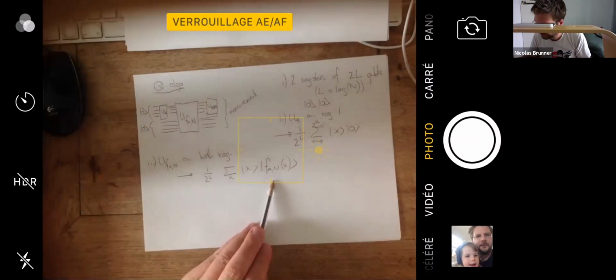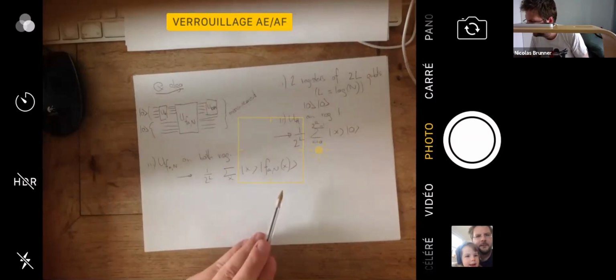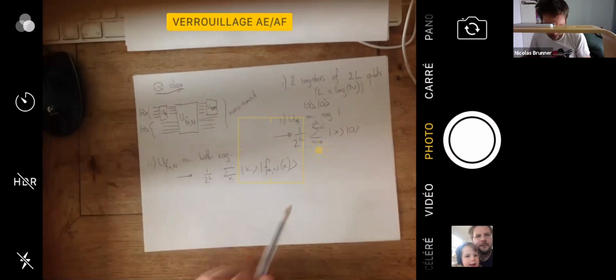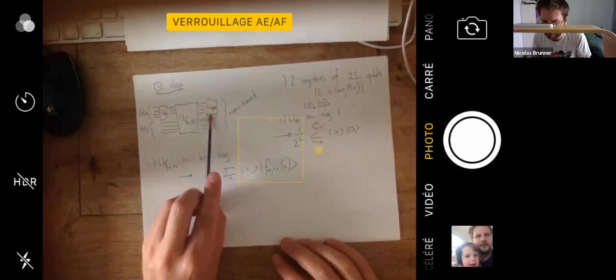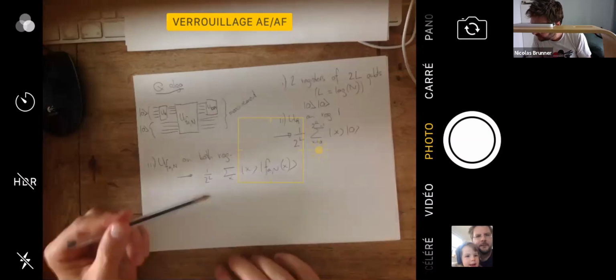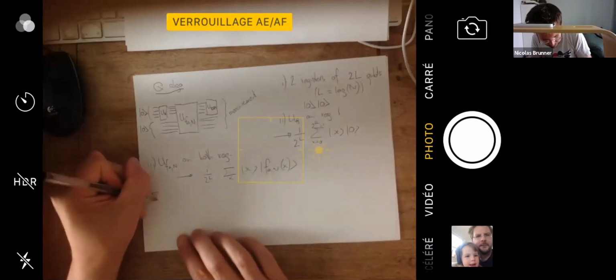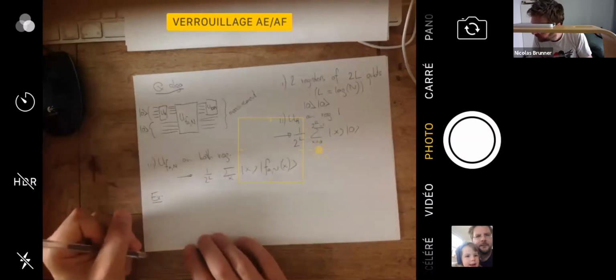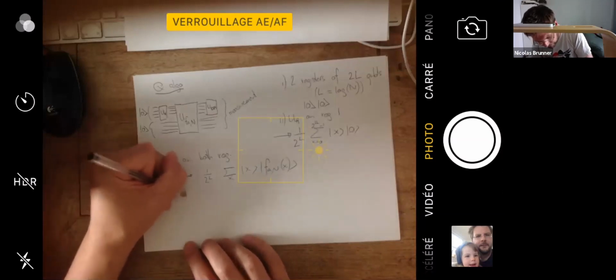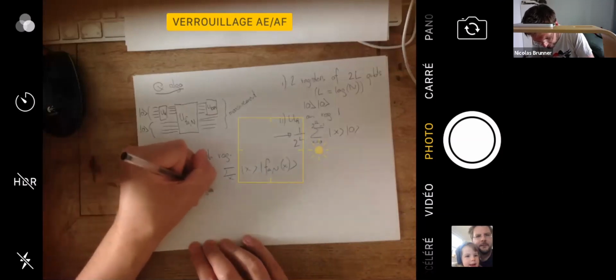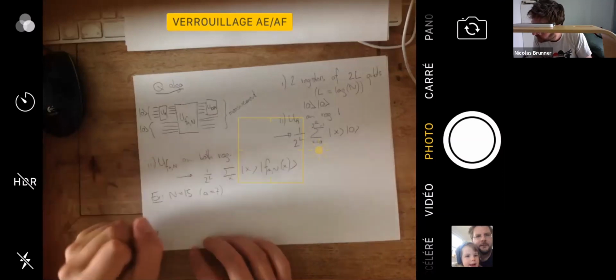But of course we want now the period of this. And so at this point, it's useful, before introducing this new element here, to go back to our example. So our example, remember, was n equal 15 and a equal 7.